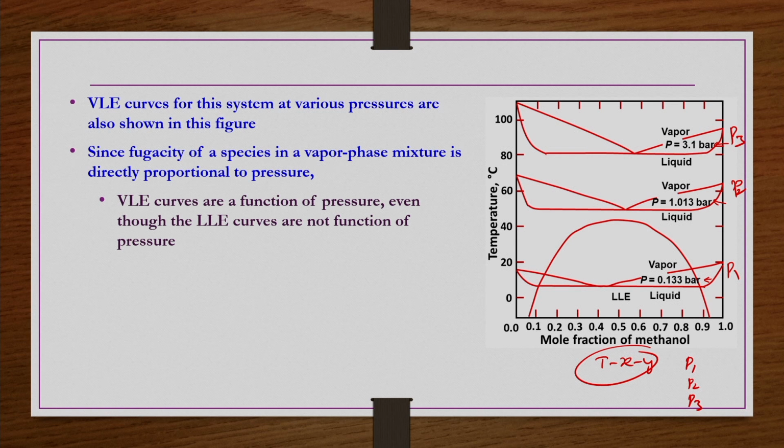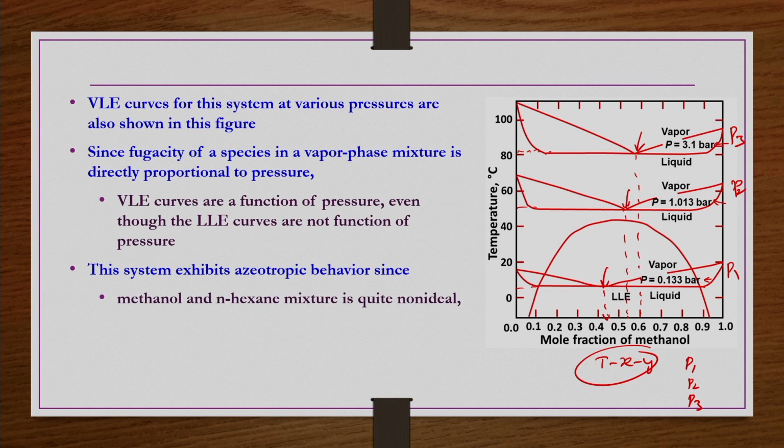We have taken the pressure in such a way that this system exhibits azeotropic behavior. Whatever the pressure you have taken, there is azeotropic behavior, but the azeotropic compositions are different in each case, and the corresponding temperatures are also different in each case. Why is that?